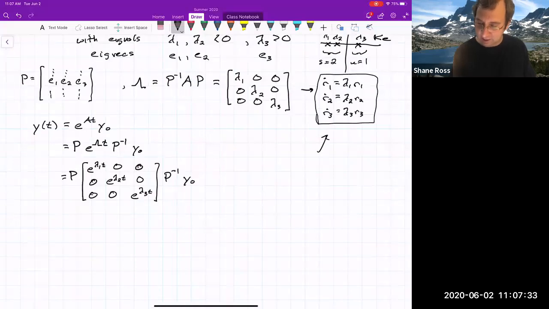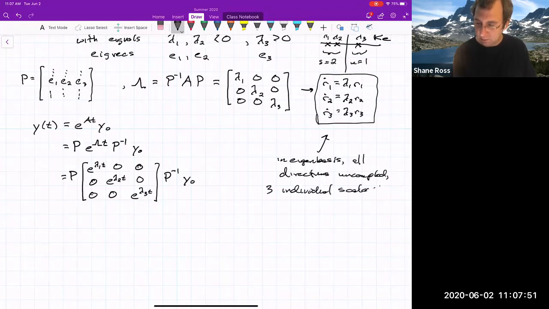Maybe it's worth even saying here, so we have in the eigenbasis, all directions are uncoupled. So we just have 3 individual scalar ODEs.